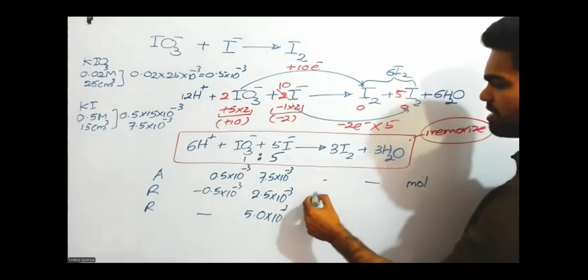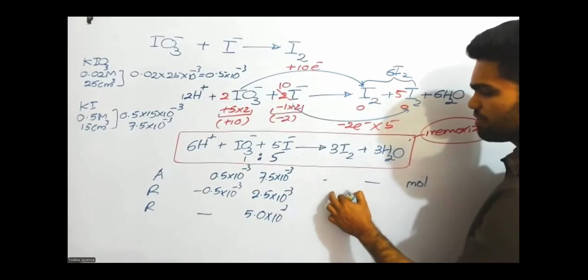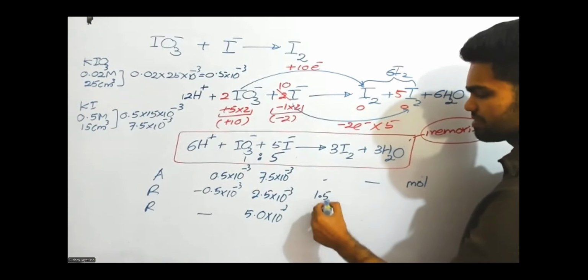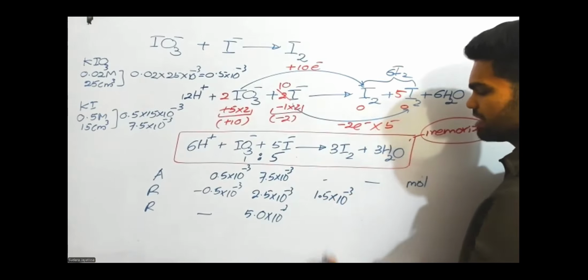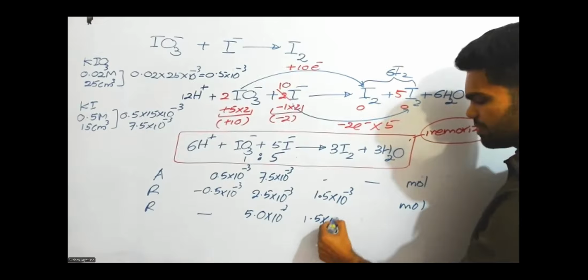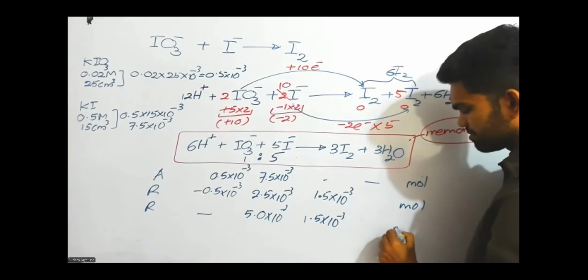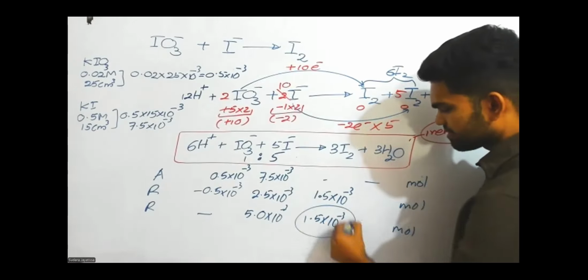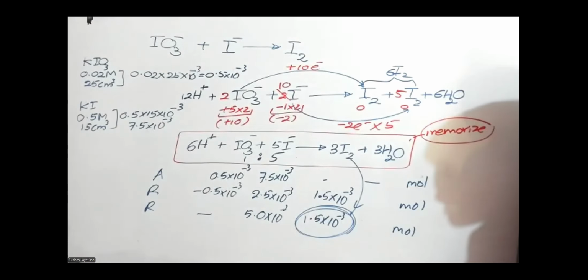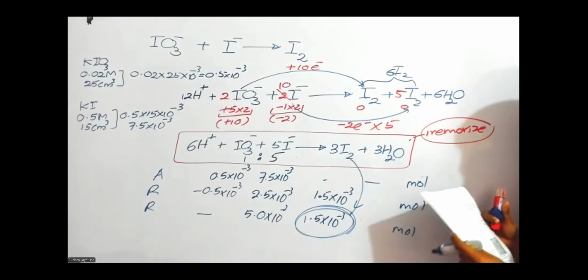But however, what is important for us is how much of I2 is produced. So 3 times like that will be produced, no? 1.5 into 10 to the power minus 3. This is what is important for us. So this is the I2, moles of I2. So what happened to these moles of I2?